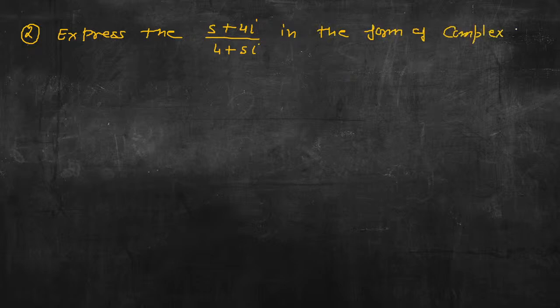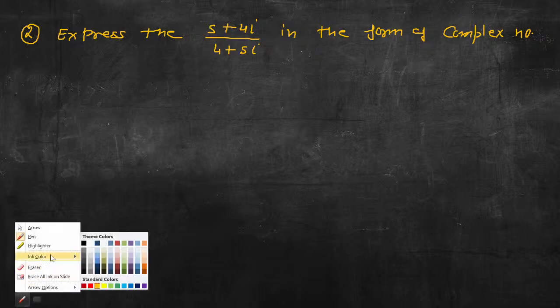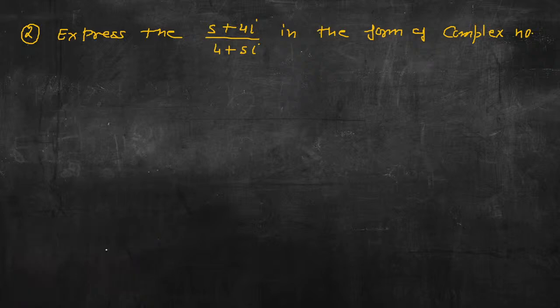What is a complex number actually? See, a complex number is always written in the form of x plus iota y. So this form is not of a complex number, so you have to change it into a complex number, my friends.